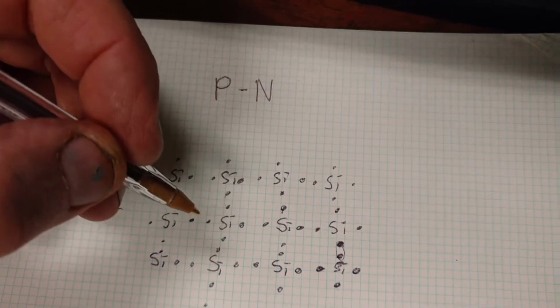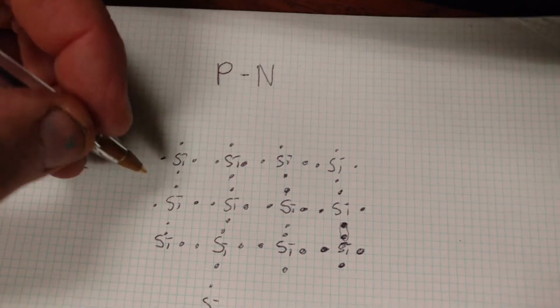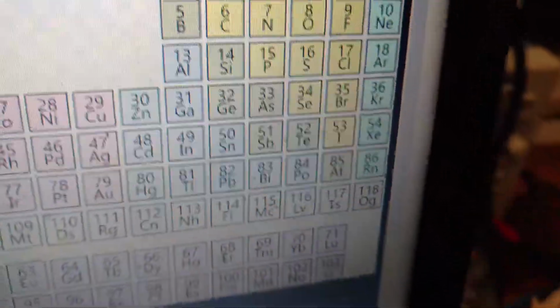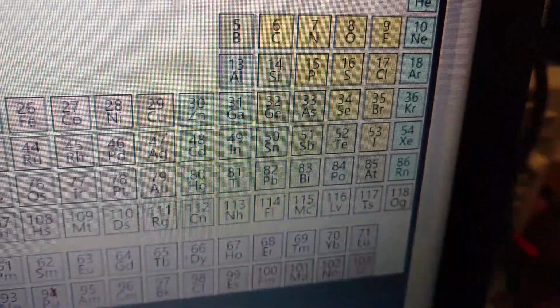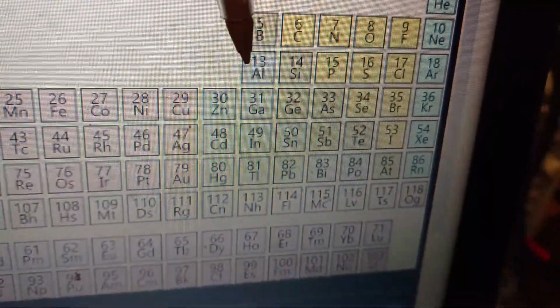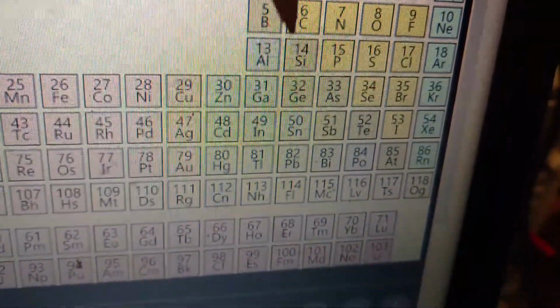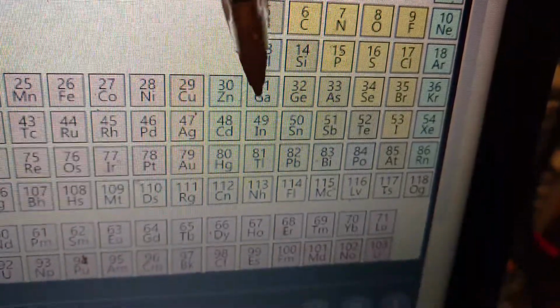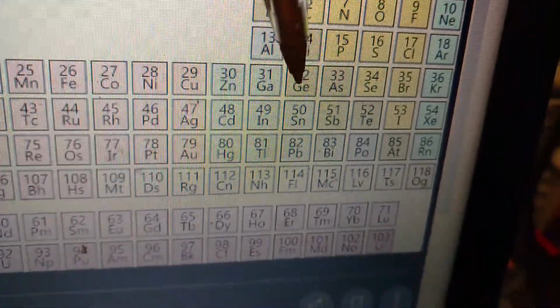But, alright, let's make the P-type material. So let's throw in aluminum, or even gallium, not germanium.